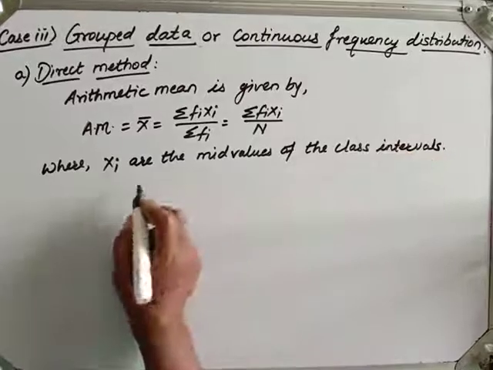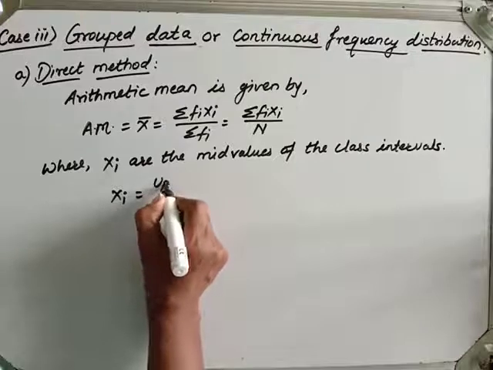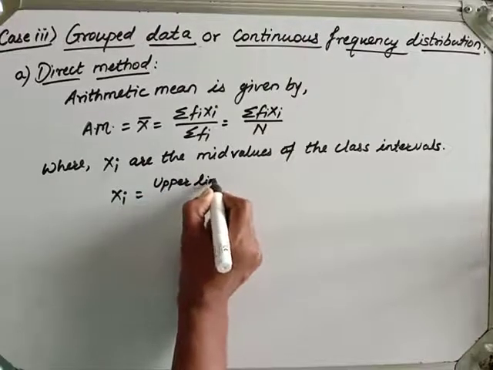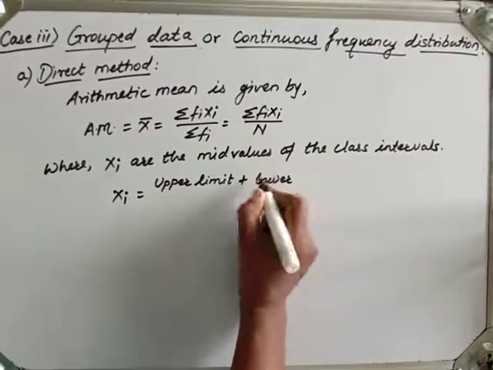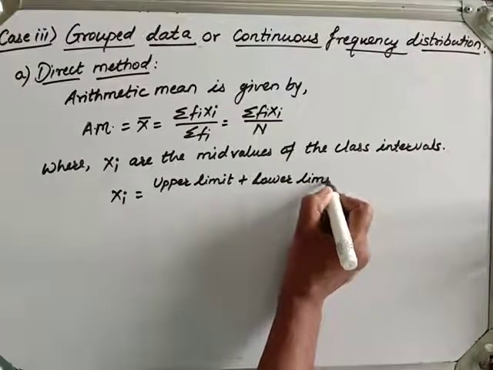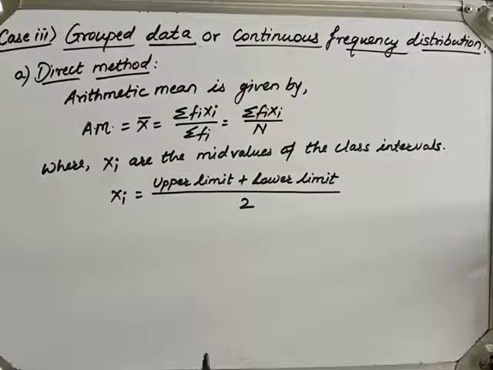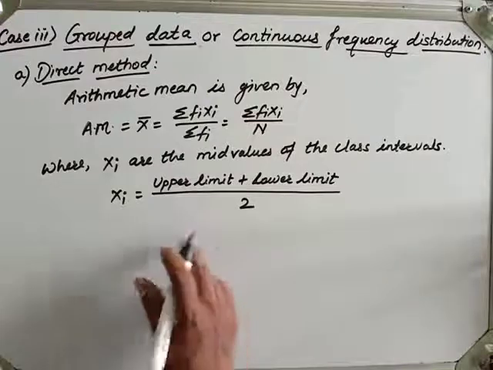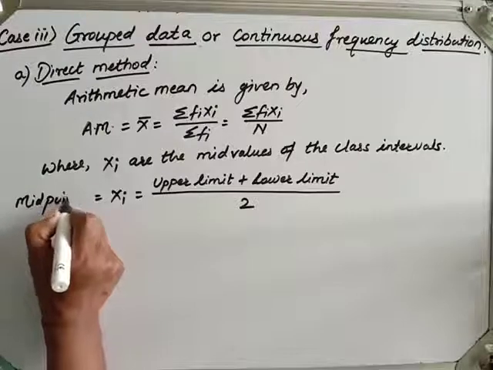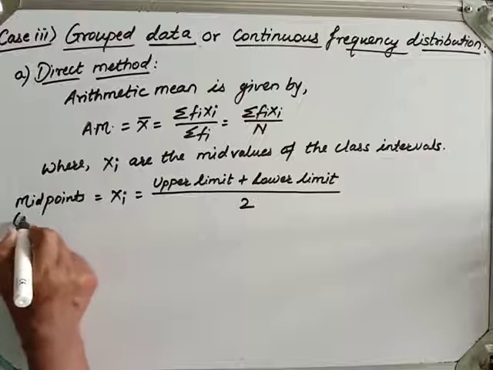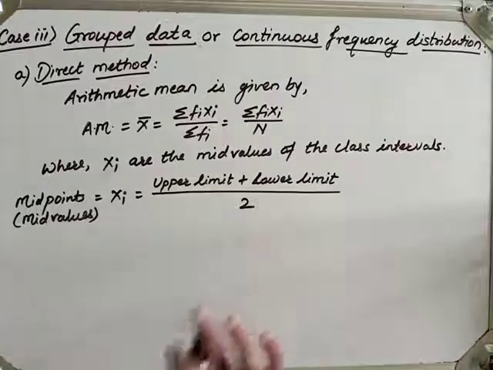Xi is equal to upper limit plus lower limit upon 2. This is the formula to find the mid values or xi's, the midpoints.